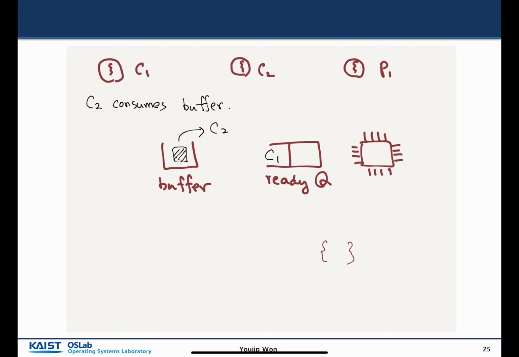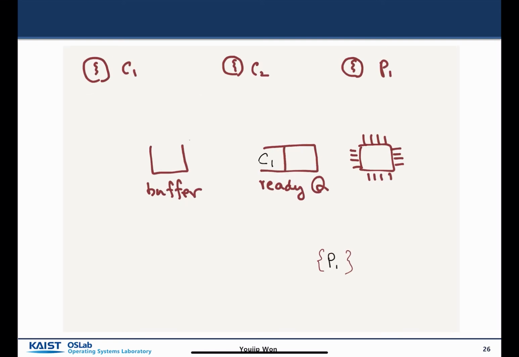Now C2 gets executed and C2 consumes the buffer and reads the data from the buffer. And then C1 has just gotten out of the sleep state and it is going to be executed now.